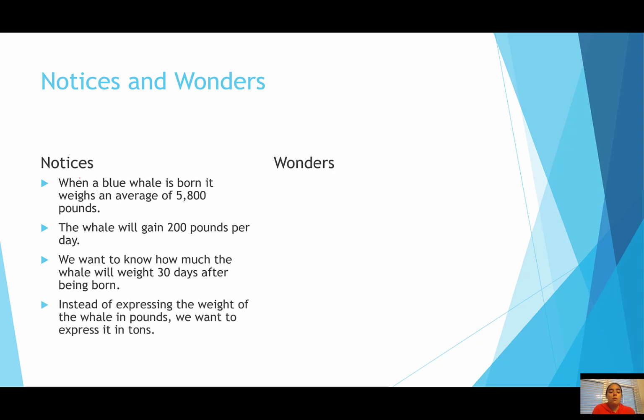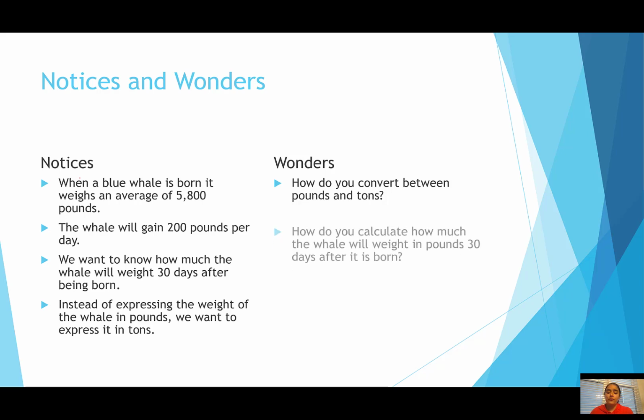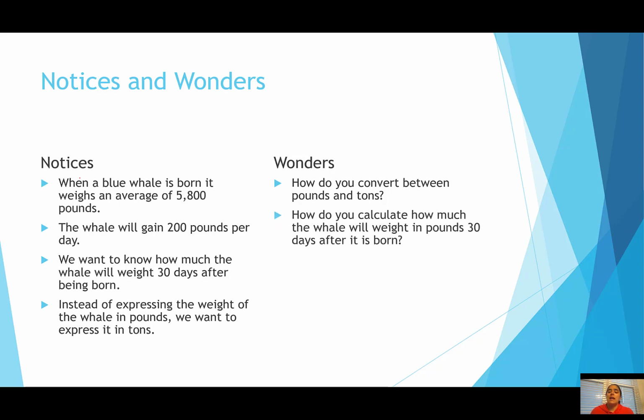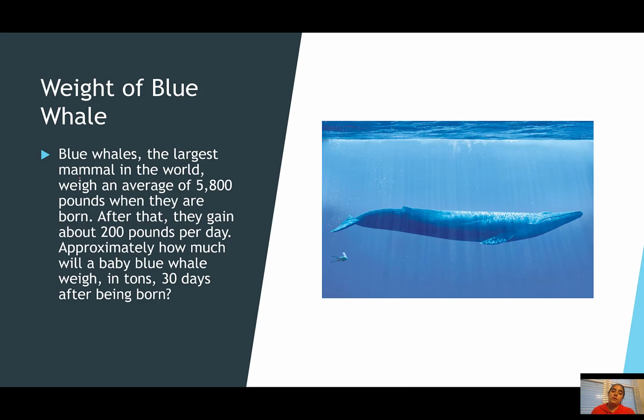Instead of expressing the weight of the whale in pounds, we want to express it in tons. Here are some wonders. How do you convert between pounds and tons? How do you calculate how much the whale will weigh in pounds 30 days after it is born? Will the number of tons be bigger or smaller than the amount of pounds?